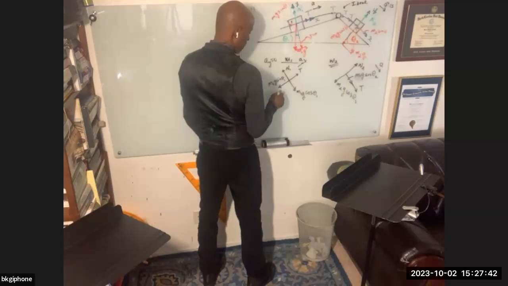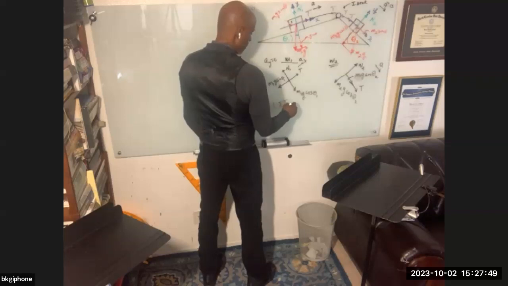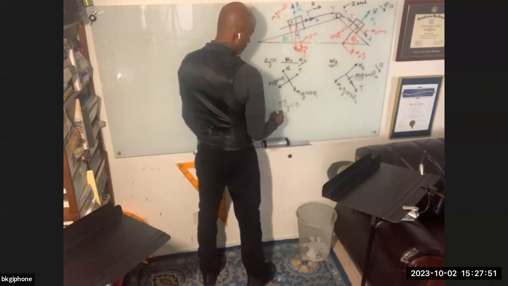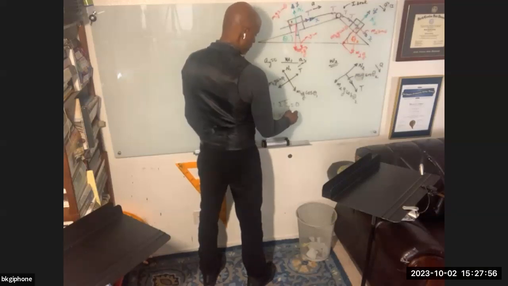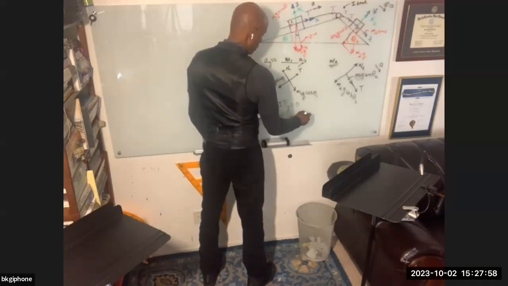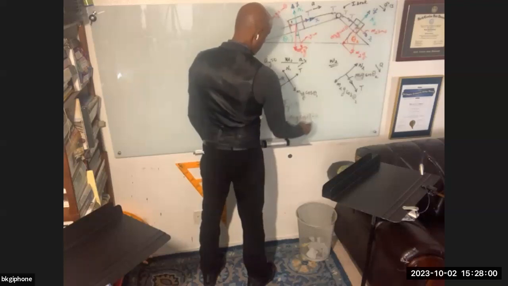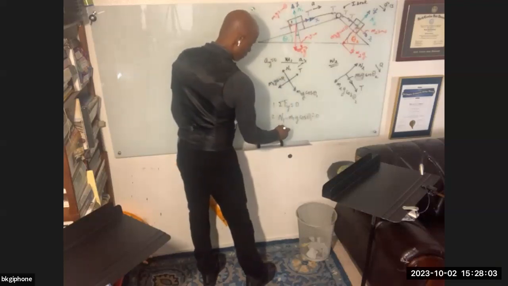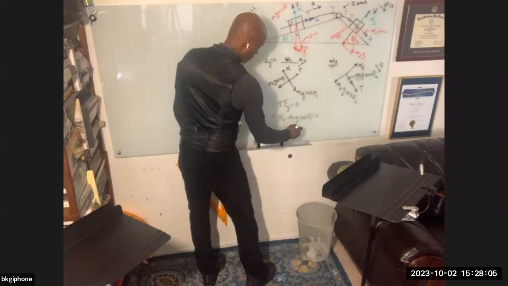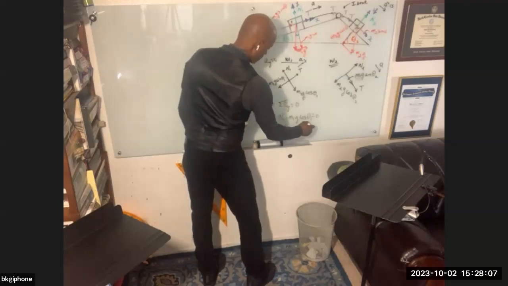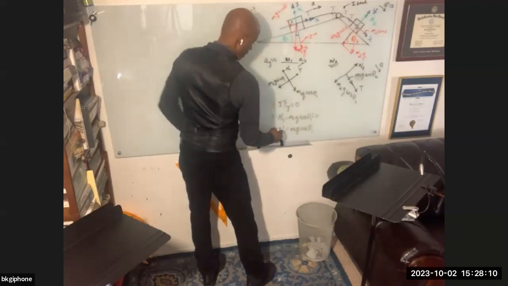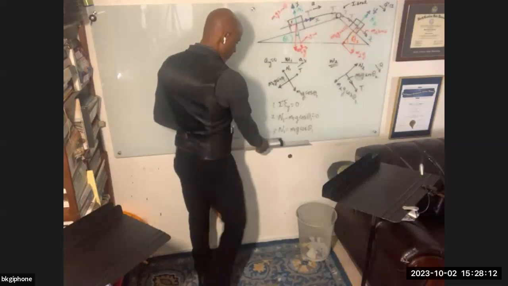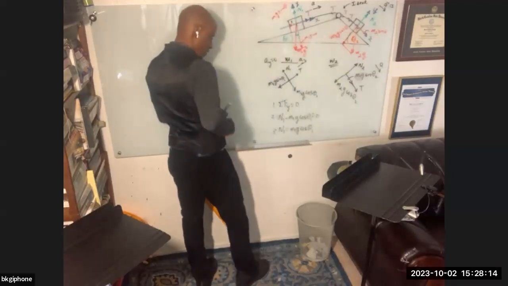So applying the first law along the y direction, net force y equals 0. So I get normal force N1 minus M1 G cosine theta 1 equals 0. So N1 equals M1 G cosine theta 1. And that's my first solution. Box it in.